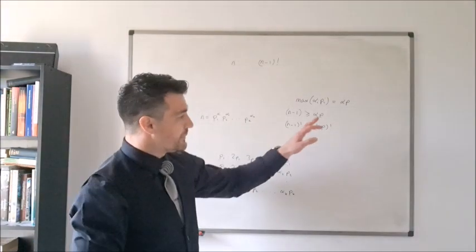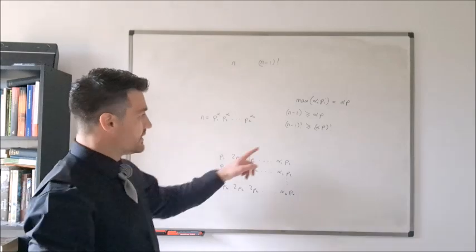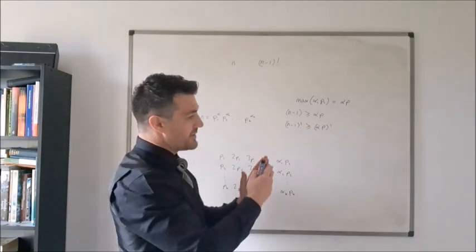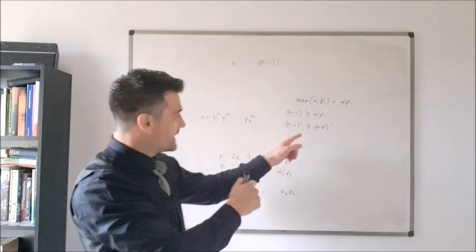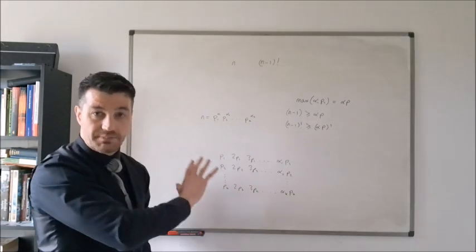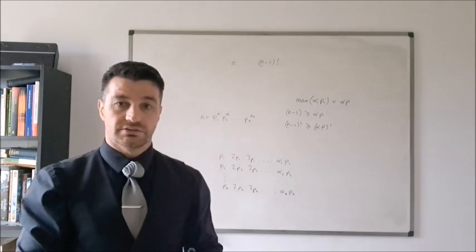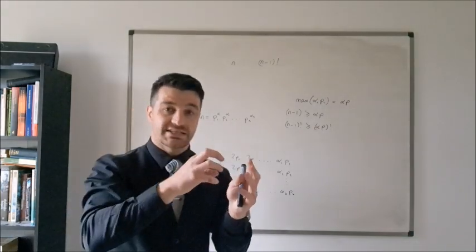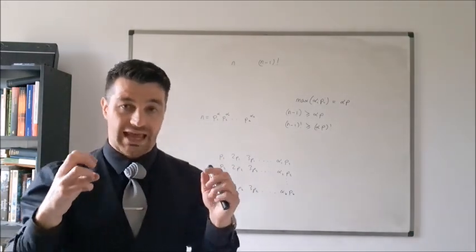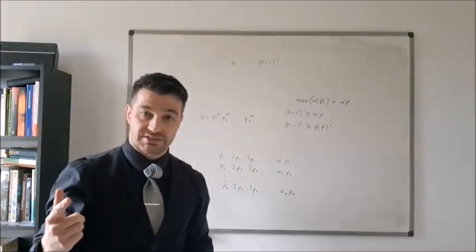Now, because alpha p is the greatest number in this array, what that means is that in this factorial, alpha p factorial, all of these numbers will appear somewhere as factors. Remember what I said? In n factorial, all of the integers less than or equal to n will appear as a factor somewhere in that factorial.